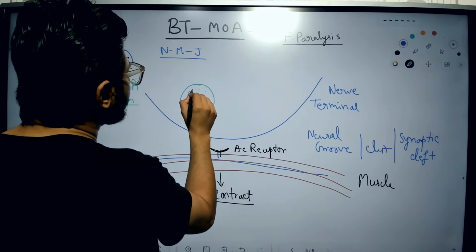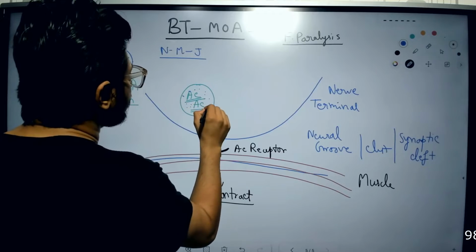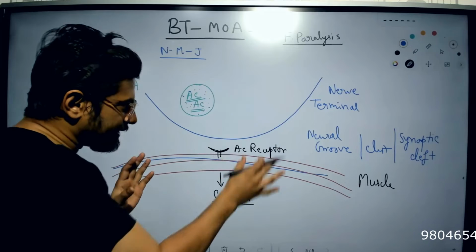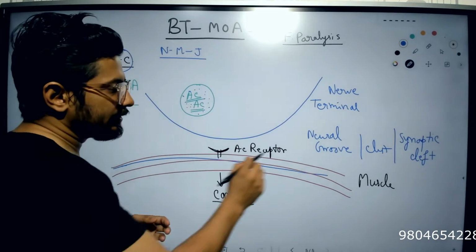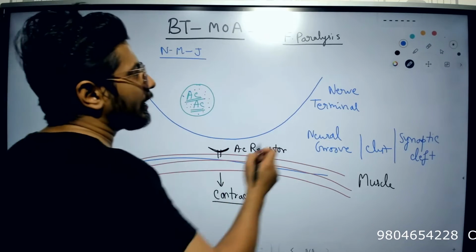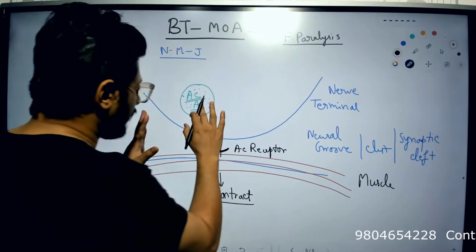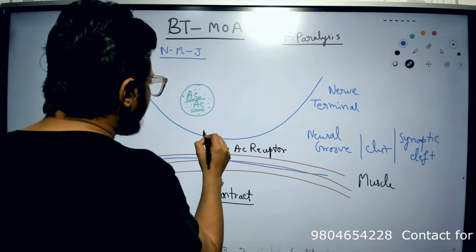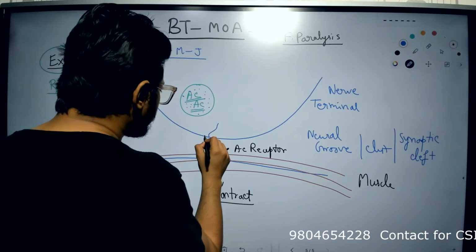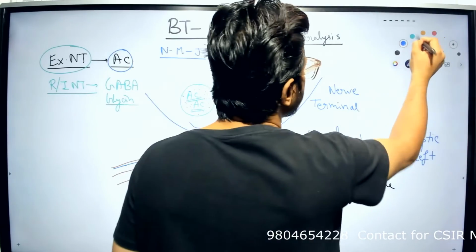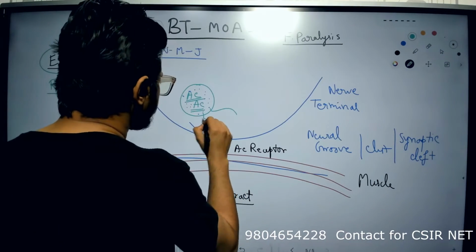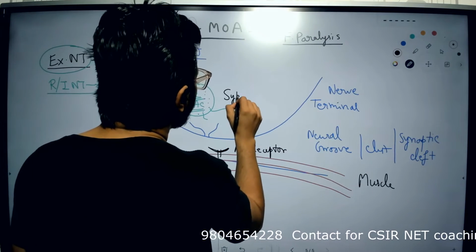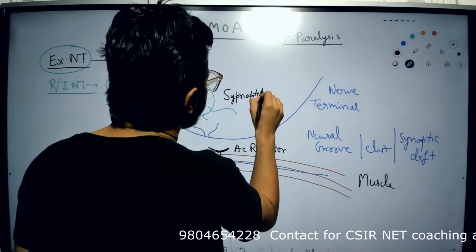Now this acetylcholine is filled in this vesicle. But in order to release this acetylcholine into the synaptic cleft, a proper fusion of this vesicle with the nerve terminal membrane is needed, and for that they have different sorts of structures: zipping proteins. One such zipping protein is synaptobrevin.